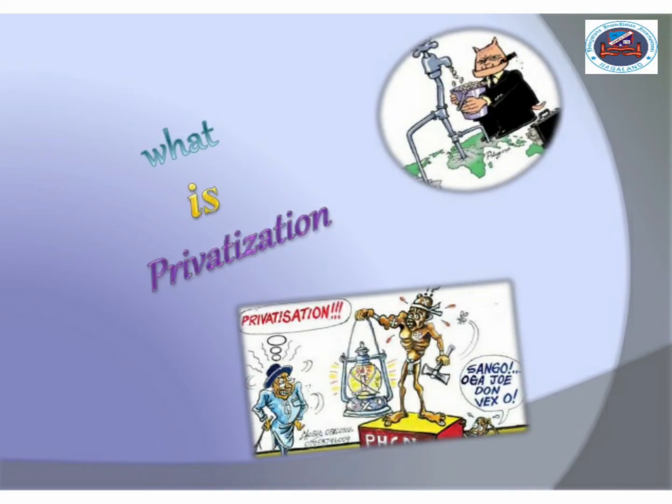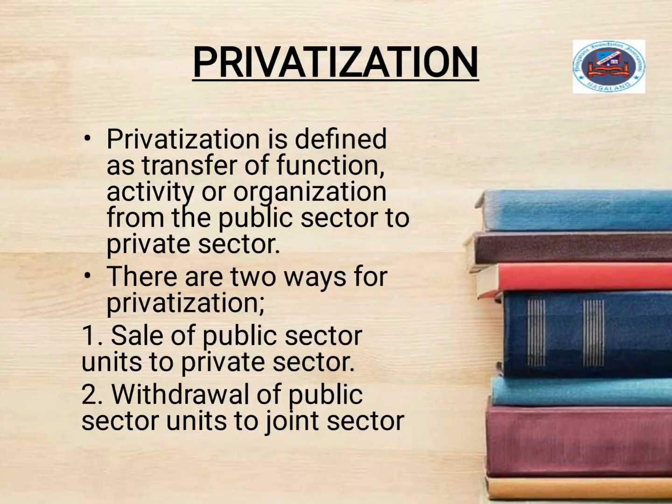The second feature under economic reform is privatization. Privatization is defined as the transfer of function, activity, or organization from the public sector to private sector. Now, there can be two ways for privatization. The first is by selling of the public sector units to private sector, and the second way is by withdrawing of public sector units to the joint sector.